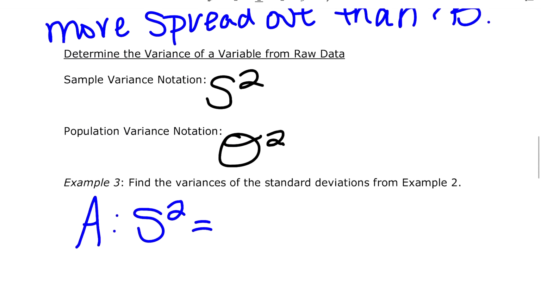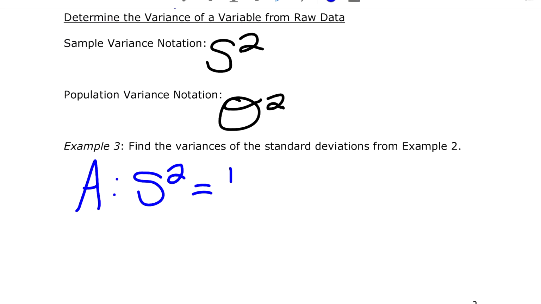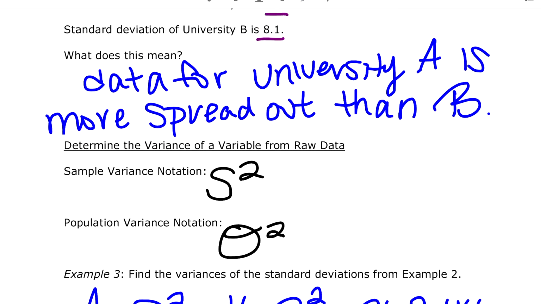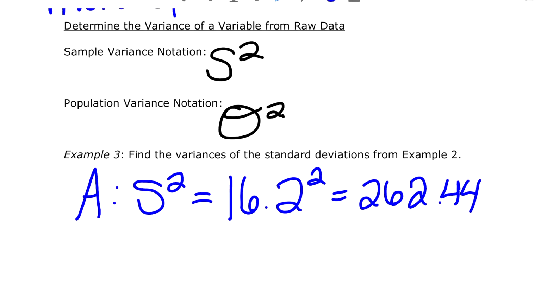And its standard deviation was 16.2. So to find the variance, I'm just going to take 16.2 and square it. So I'm going to multiply it by itself, and that gives me 262.44.